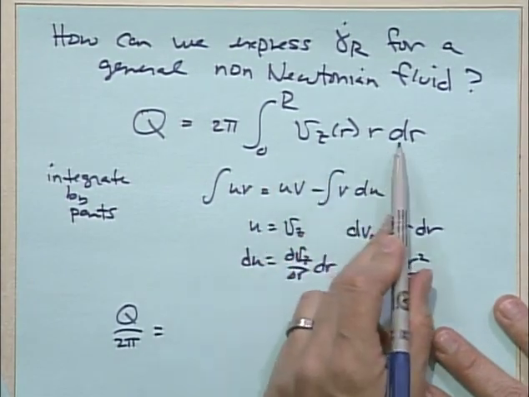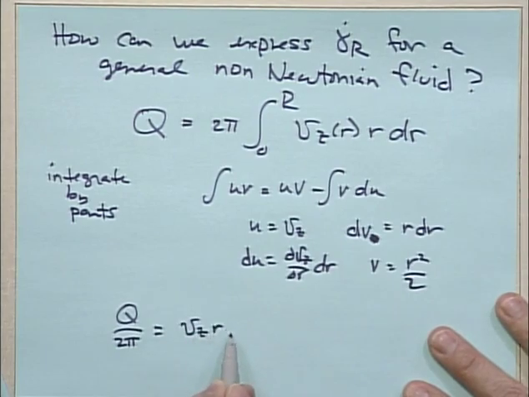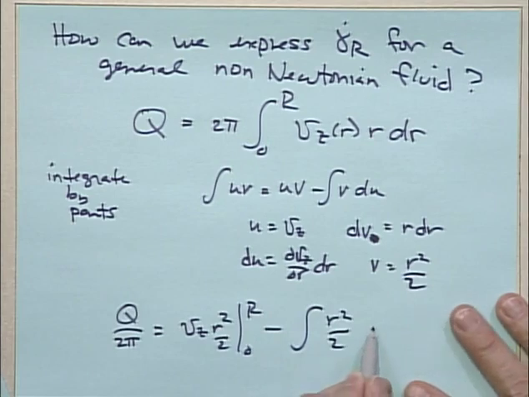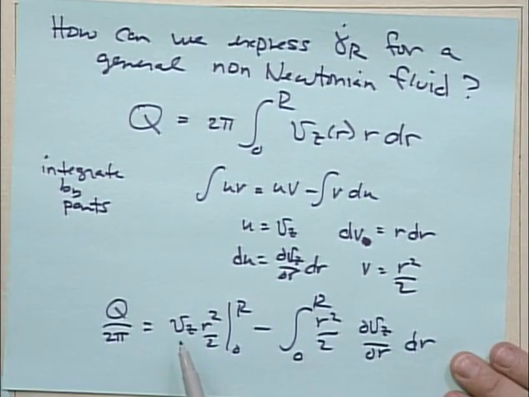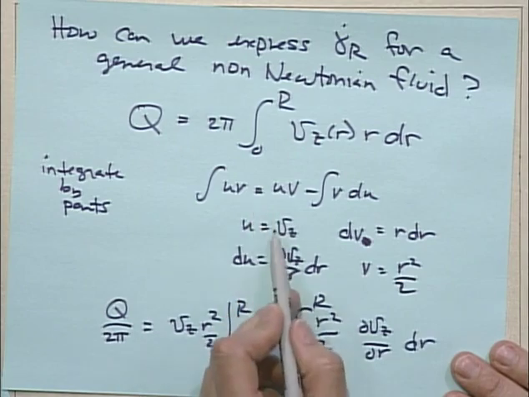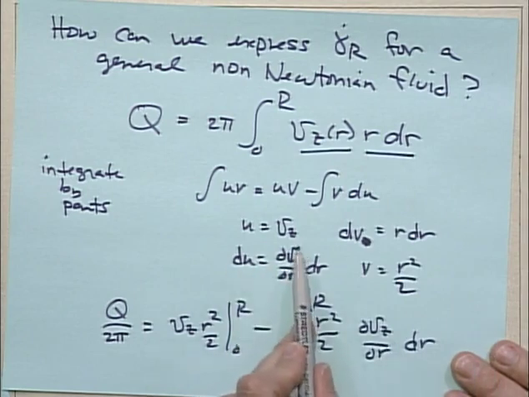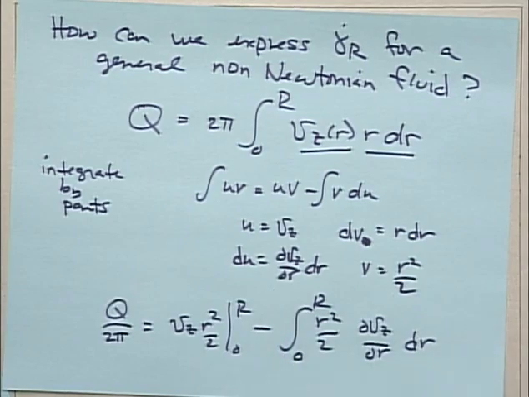The integral of u dv is equal to uv minus the integral of v du.